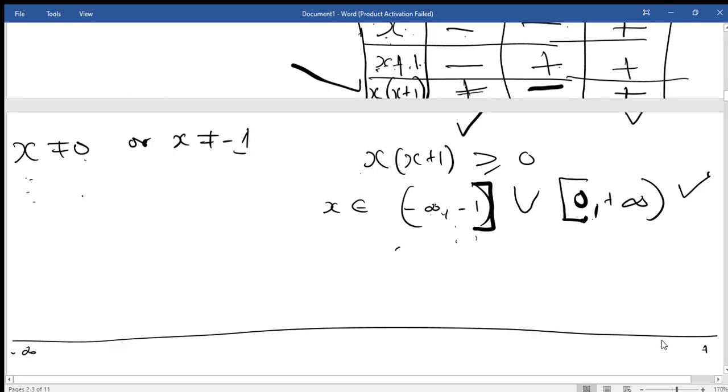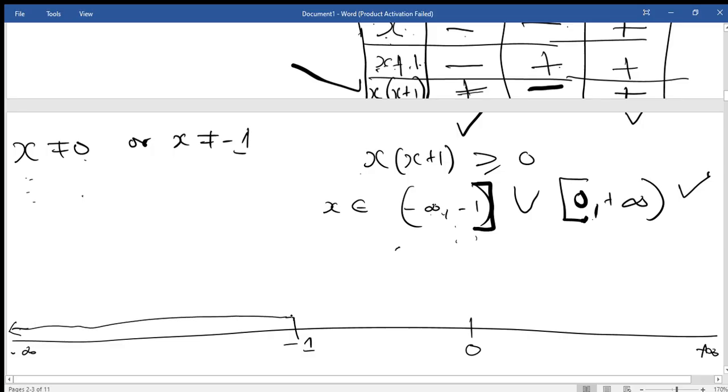So to +infinity there. So what is happening? When I look at this, obviously there need to be a -1 somewhere, and I need to have a 0 somewhere. So this means x should not be 0 or x should not be -1. It means if I'm coming from -infinity this side, when I reach -1, I have to jump this point.